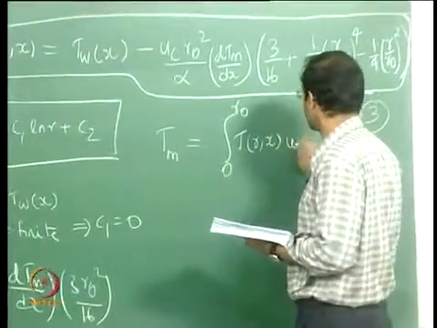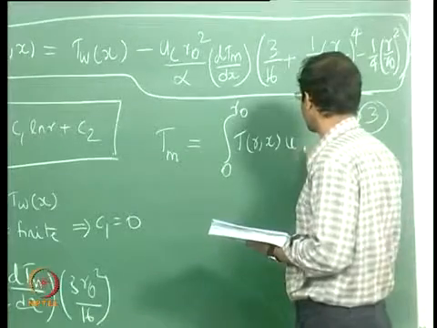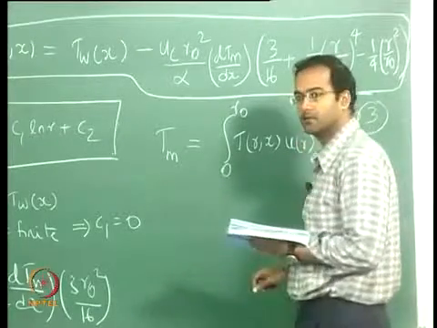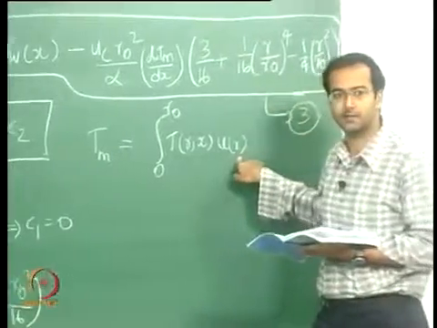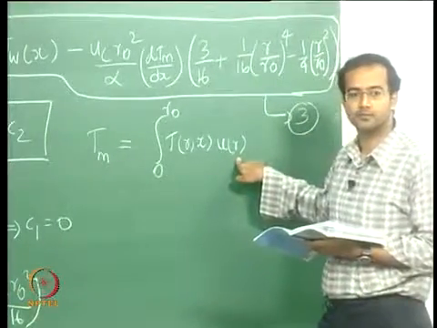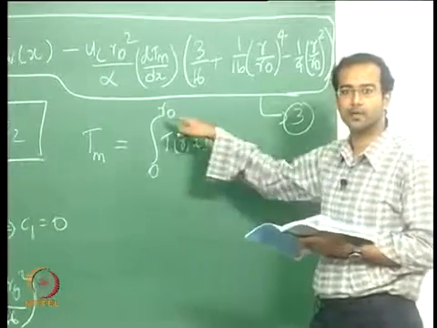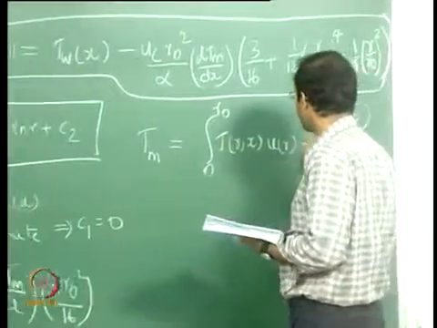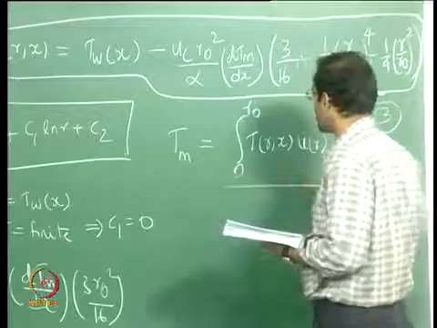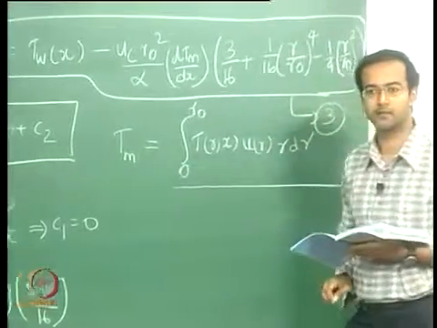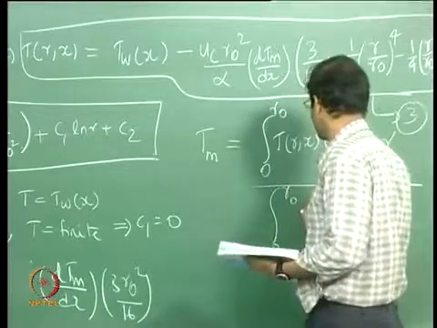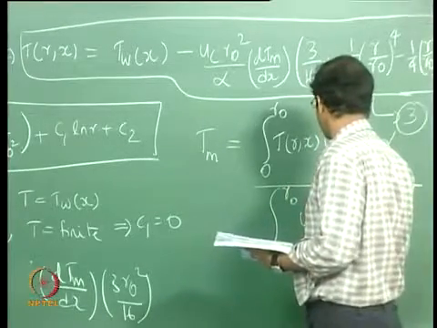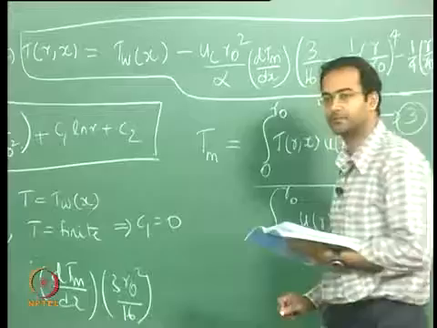So you have U, and of course U is a function of only R. And what is the differential area? 2 pi RdR. 2 pi cancels in the numerator and denominator, you have RdR. In the denominator it has to be divided by the mass flow rate. So 0 to R naught, you have U of R into RdR.